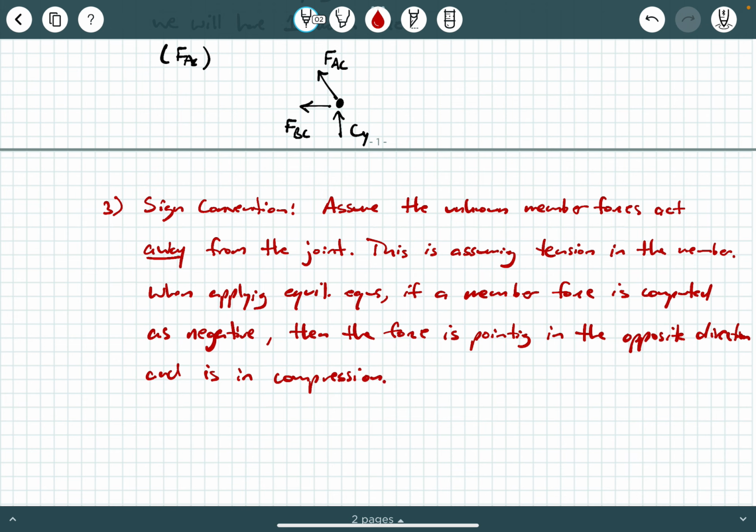Okay, so we've got to start our analysis with some kind of assumption.